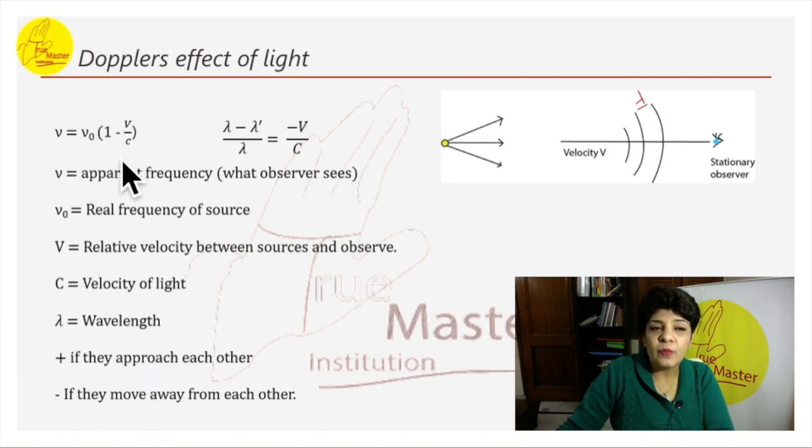So the apparent frequency increases when the source and observer approach each other. When the source and observer move away from each other, the apparent frequency can be obtained by replacing v by minus v in the above equation. Then it will read as this. When the source and observer approach each other, the positive sign is taken as lambda minus lambda dash is positive.